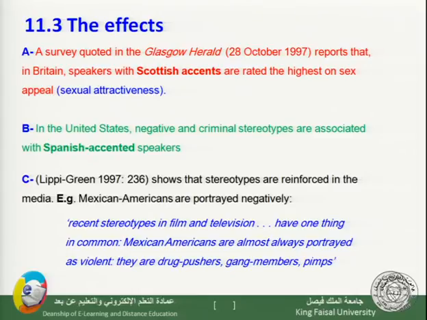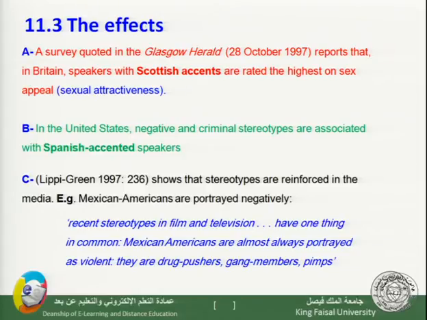The quotation is taken from Libby Green, who says that recent stereotypes in film and television have one thing in common. What is this thing in common? Mexican Americans are almost always portrayed as violent.